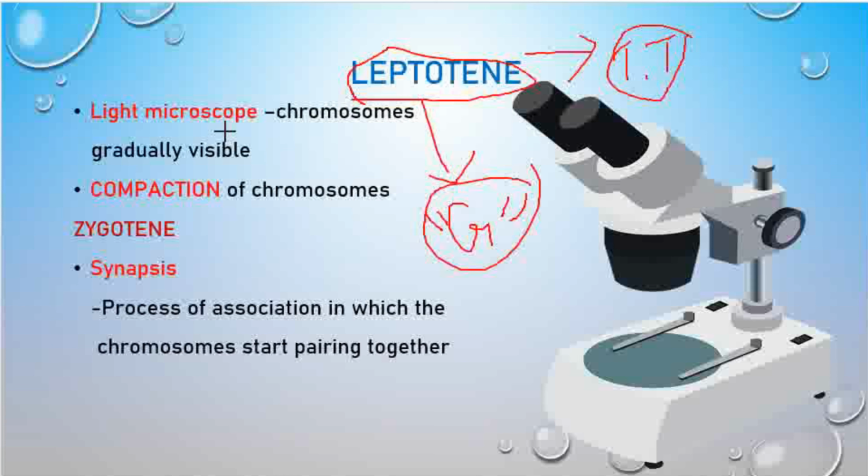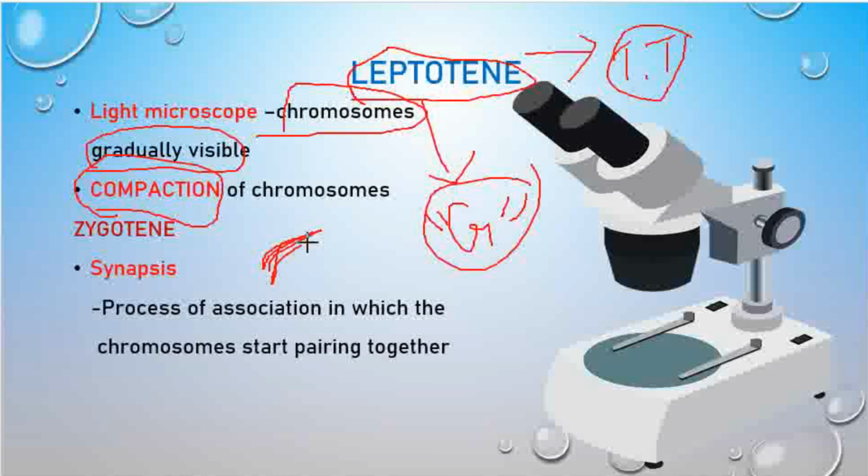When you view it under a light microscope, the chromosomes gradually become visible during this stage of leptotene. And there is compaction of chromosomes. We have seen in mitosis there is condensation. We can call it a thickening or a compaction of the chromosomes. So it gets thickened.